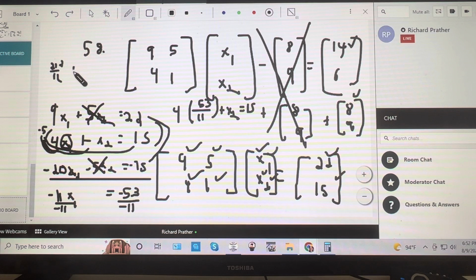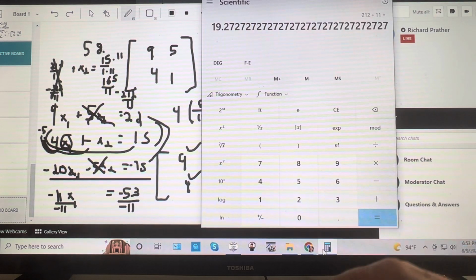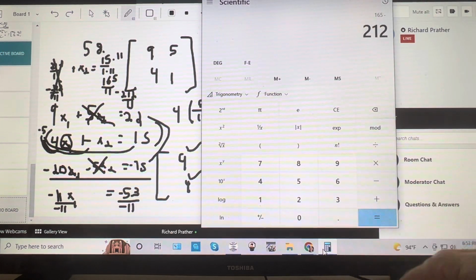Plus x2 equals 15, or 15 over 1. And then you would need that over 11, so multiply it by 11 over 11. That would be 165 over 11. So subtract 212 over 11 from each side. And that way, x2 equals whatever this is, 165 minus 212 is negative 47 over 11.